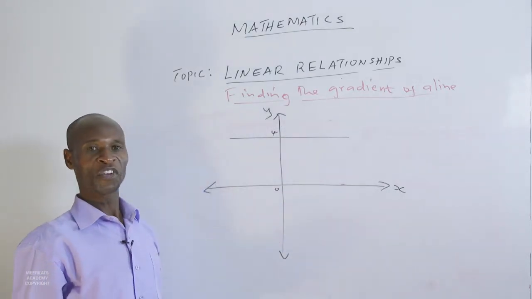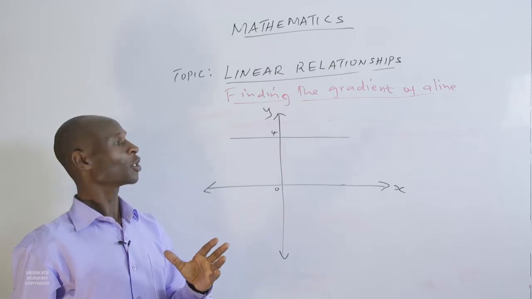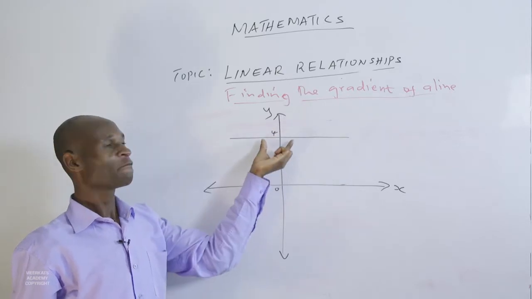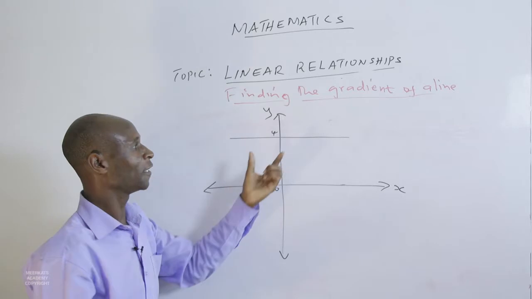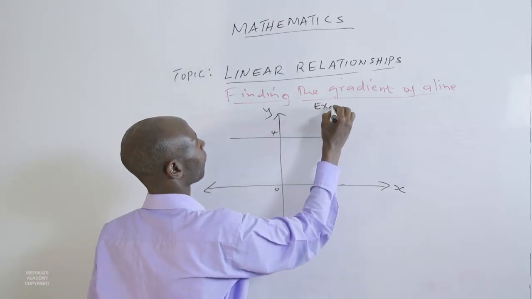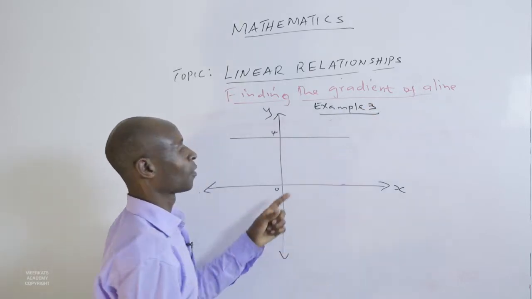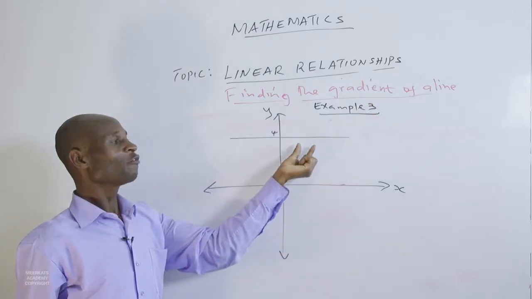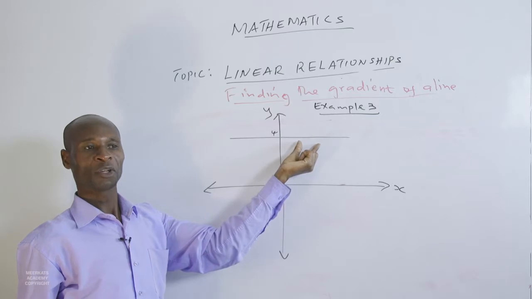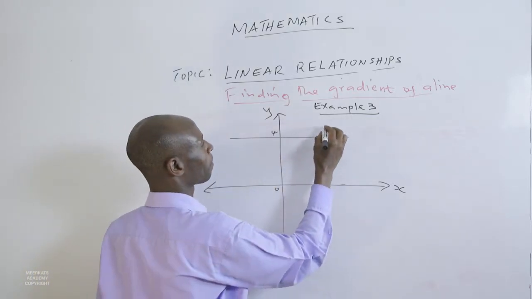So in our example 3, we want to find out how we can find the gradient of a horizontal line. First of all, we define the equation of this horizontal line.